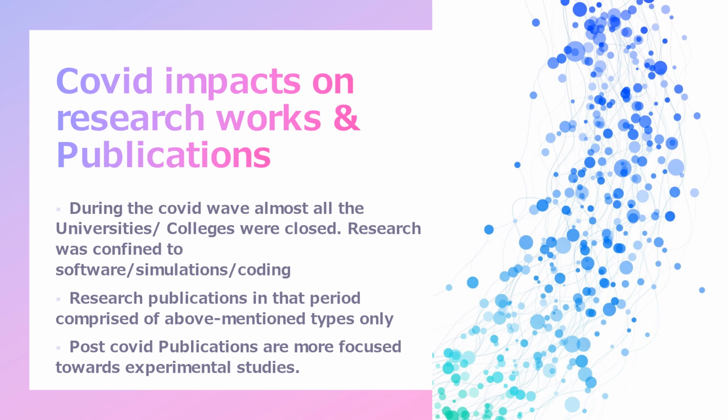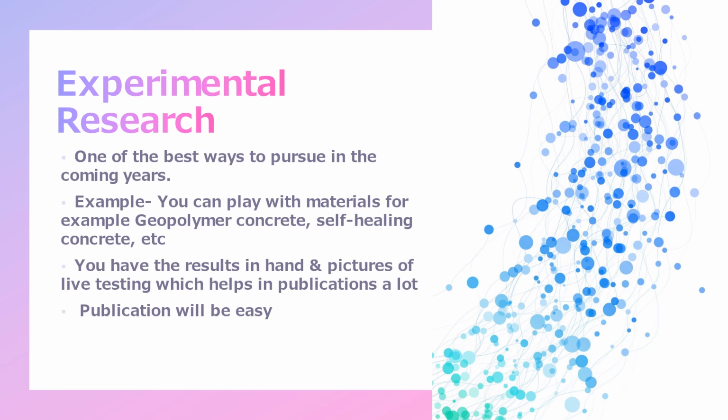So I think in the current time, or for the next 2-3 years, the experimental study is going to help you a lot. The publication is quite easy in this kind of work. Now, what is experimental research? Coming again onto our topic, as I said, it is the best way of pursuing research in the coming years.